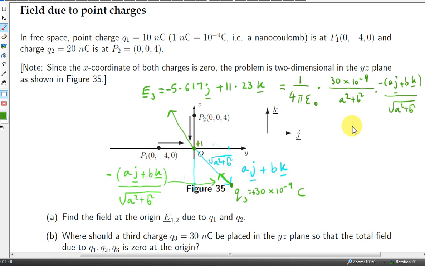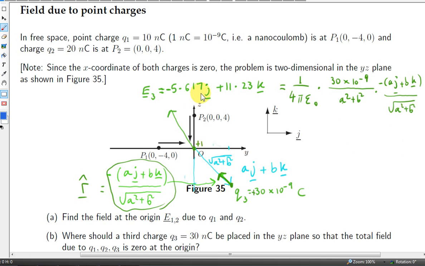So we square root A squared plus B squared, we get A squared plus B squared, and then we multiply that by a unit vector from the charge responsible for the electric field at O to the point O. This is our unit vector. We referred to it as R hat in the previous video. As a reminder, in the previous video the form was K times Q over R squared times R hat. So this is our R hat.